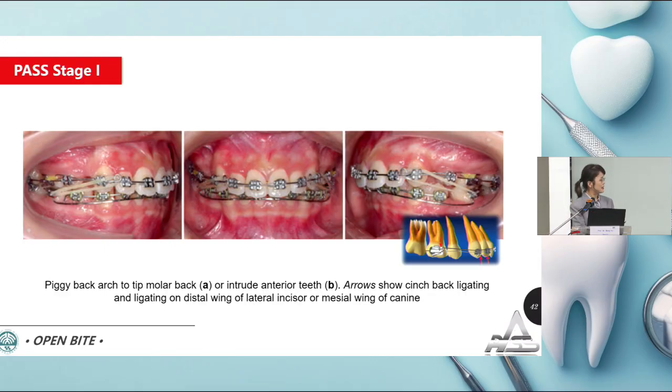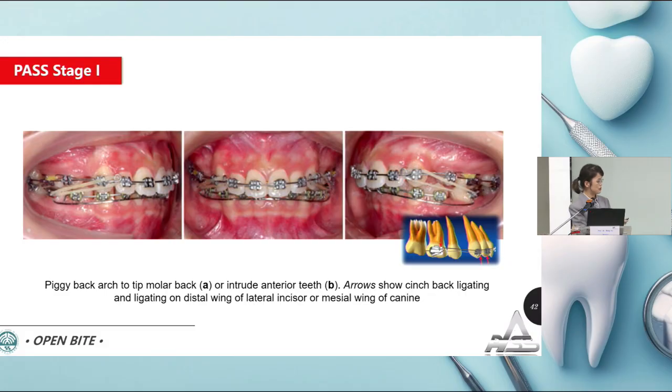You can see there is a piggyback arch in the lower. Piggyback arch to tip molars back or intrude anterior teeth. Here it shows cinchback ligating and ligating on the distal wings of the lateral incisor or medial wings of the canine. For this one, tie the laterals.